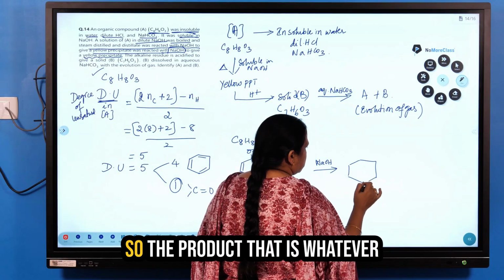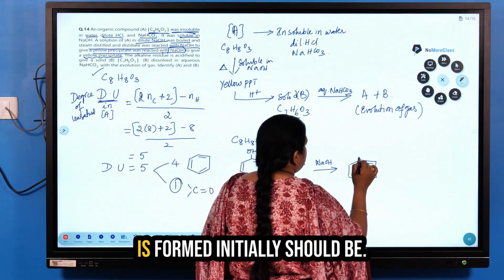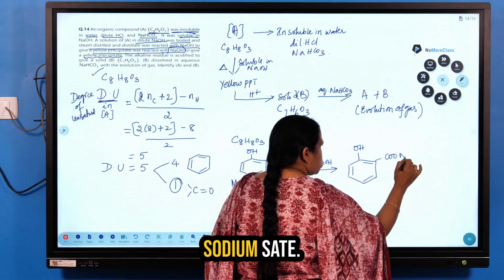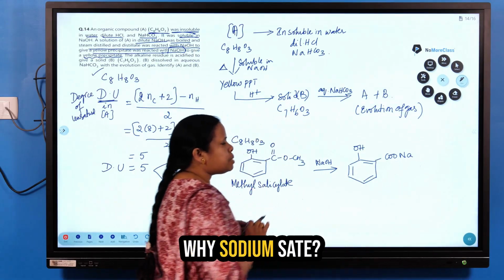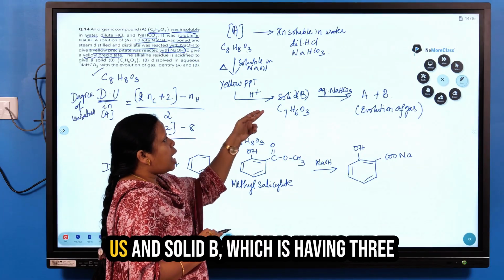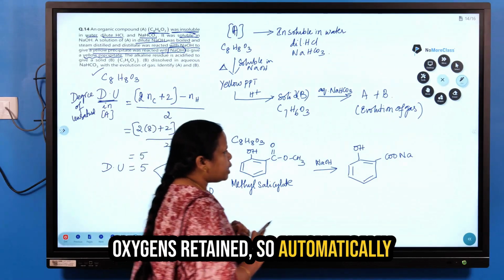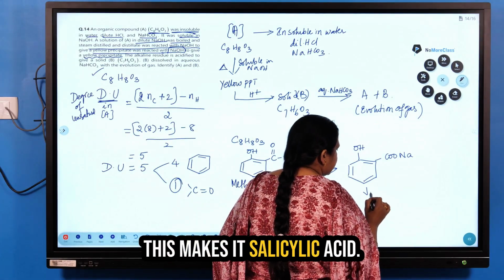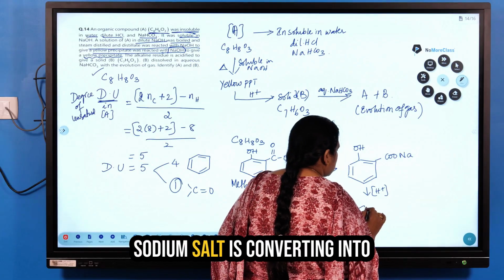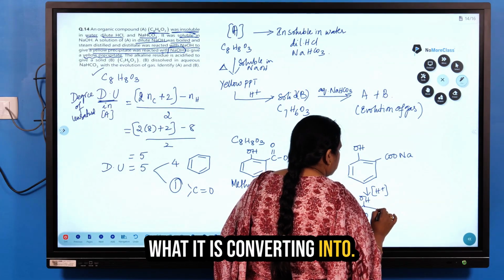So the product, the yellow precipitate formed initially, should be sodium salicylate. Why sodium salicylate? Because on acidification it gives a solid B which retains 3 oxygens. So automatically this makes it salicylic acid. So on acidification, the sodium salt is converting into salicylic acid.